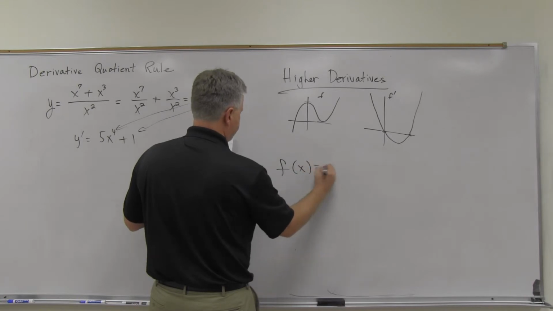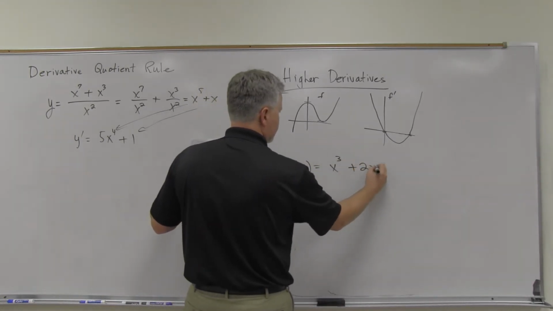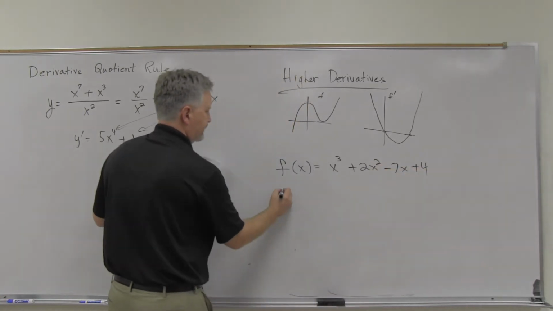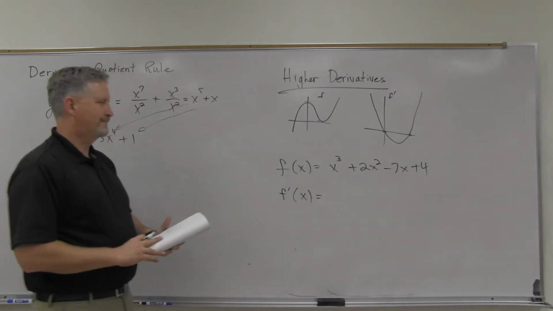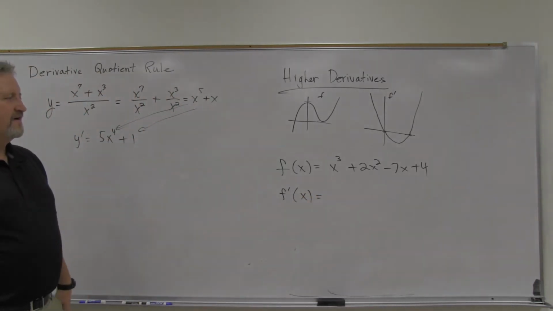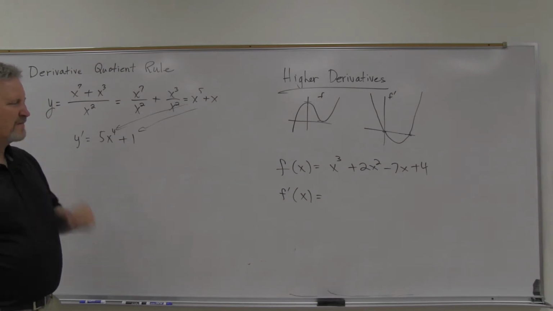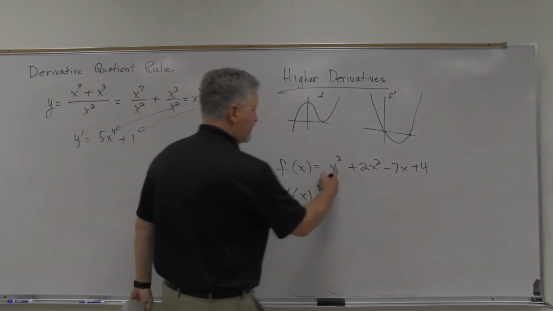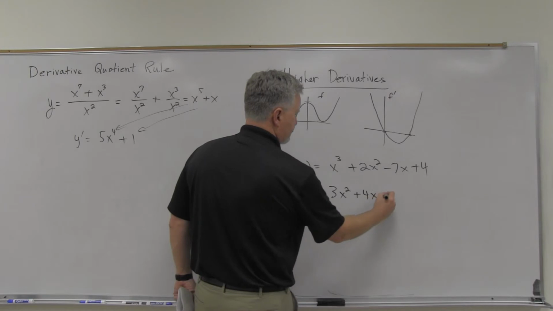Okay, well, the good news is, it's easy enough, I think, to illustrate it here. If f of x equals x cubed plus 2x squared minus 7x plus 4, the derivative is 3x squared plus 4x minus 7.